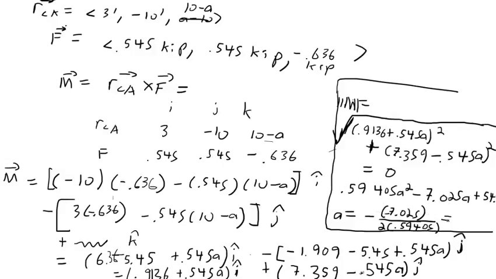This comes to 7.025 over 2 times 0.59405, and I get 5.91 feet. Good. Close enough. The solutions manual said 5.92, but close enough for government work.